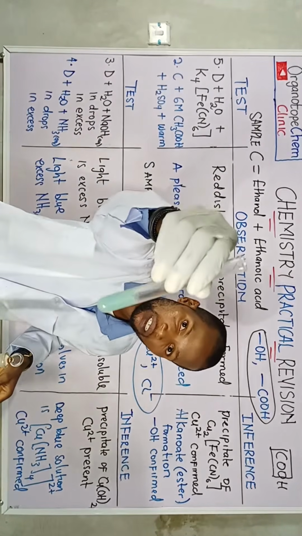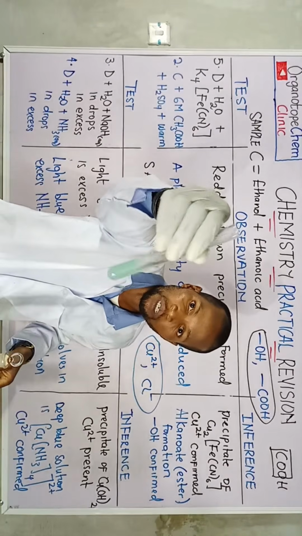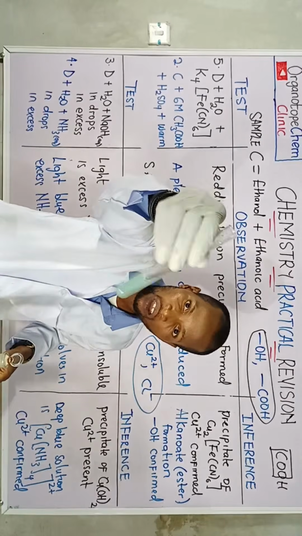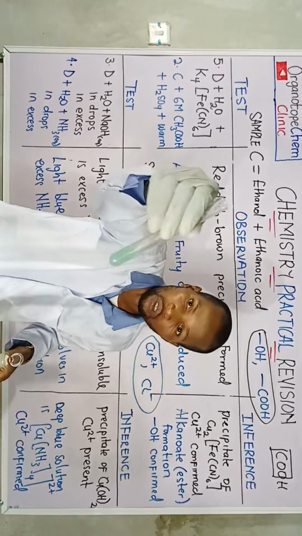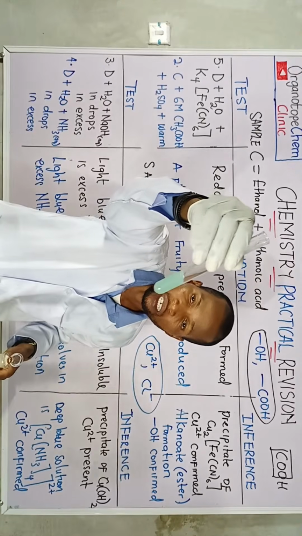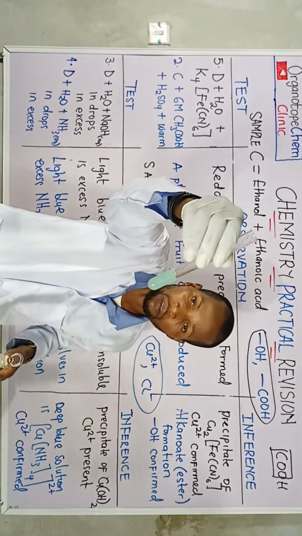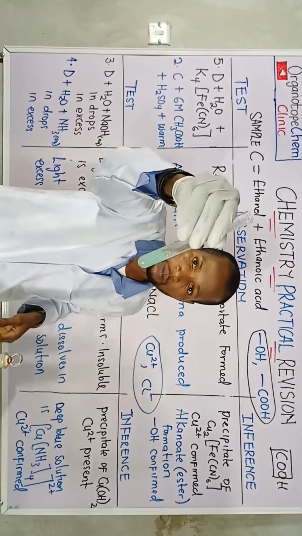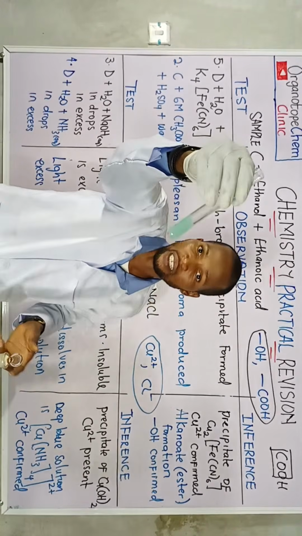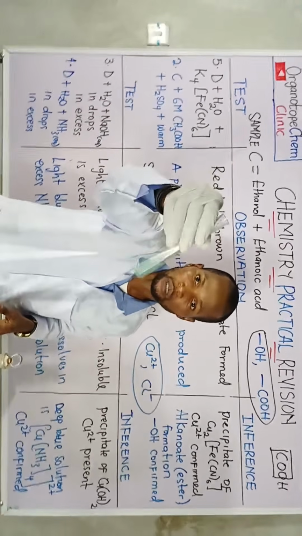When you shake properly, assuming we used HNO3, I'm expected to see a perfect white cloudy precipitate. So if the examiner provides the HNO3, the nitric acid, in your exam, you are expected to use nitric acid. Right here, I'm using HCl, as has been stated for this practical.